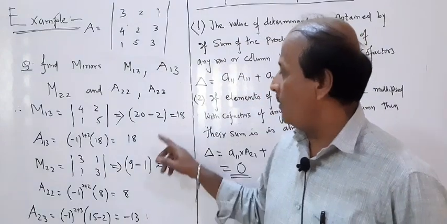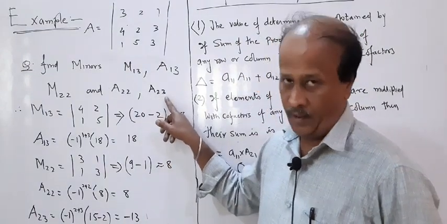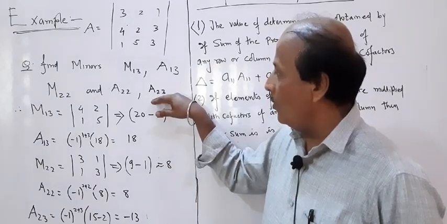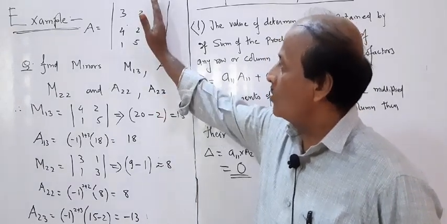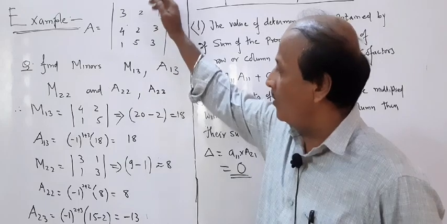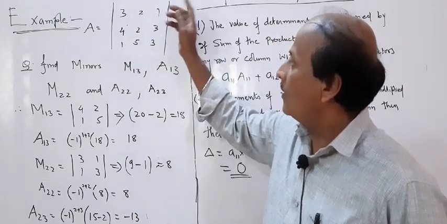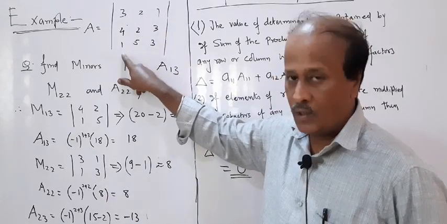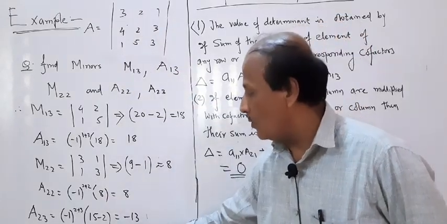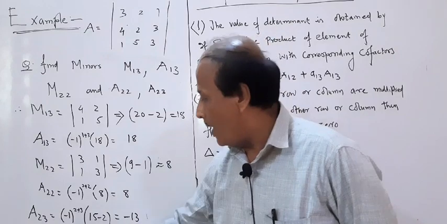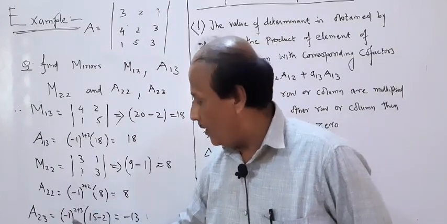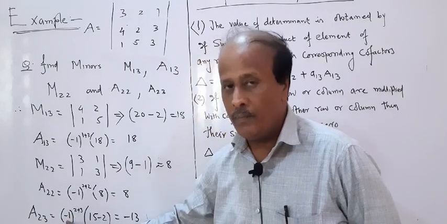If somebody asks me to find A23, first of all you find the minor for A23: second row, third column. You delete that second row and third column, and you will be left with these two members: 3 fives are 15, 2 ones are 2, 15 minus 2 is 13. Then minus 1 to the power 2 plus 3. So for the first time we got an odd power, so naturally here it will be minus 1.